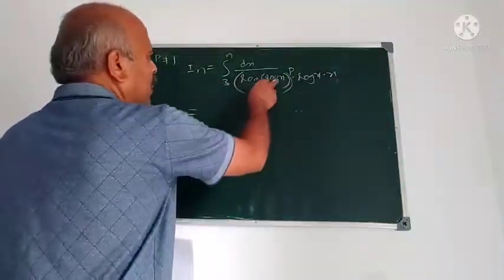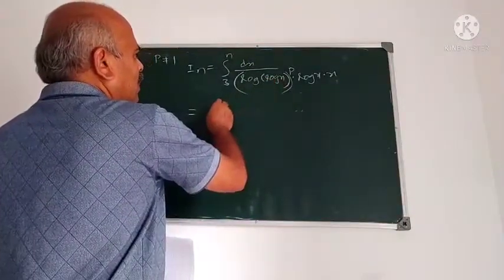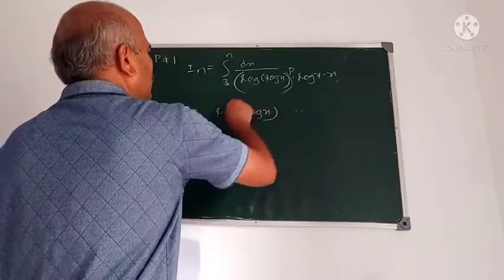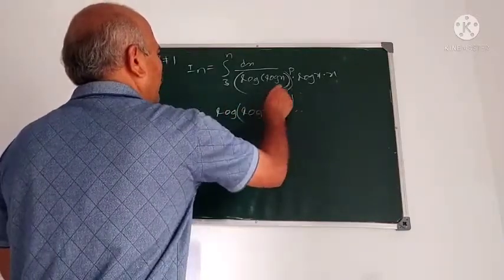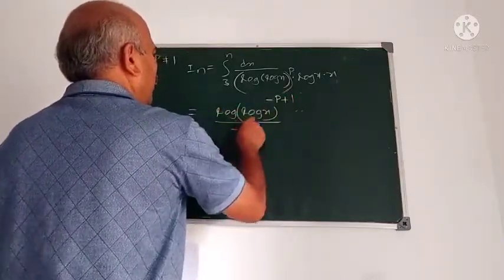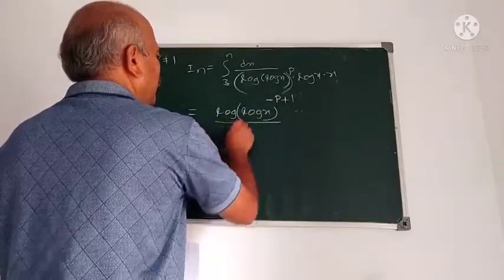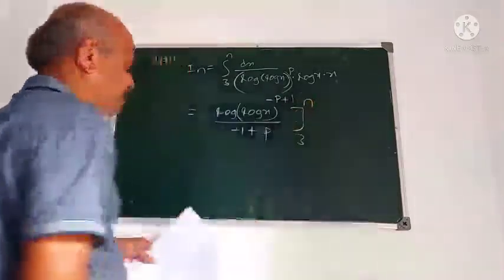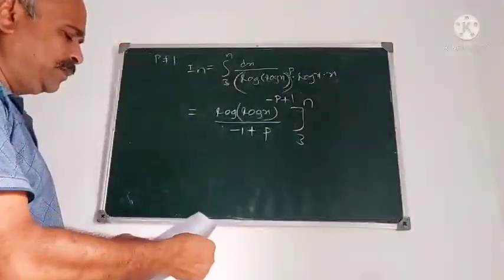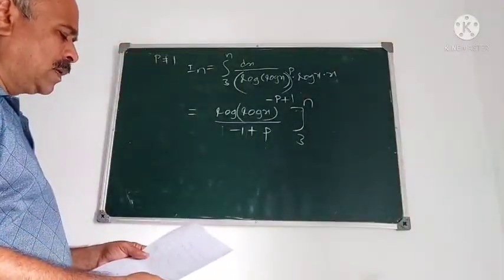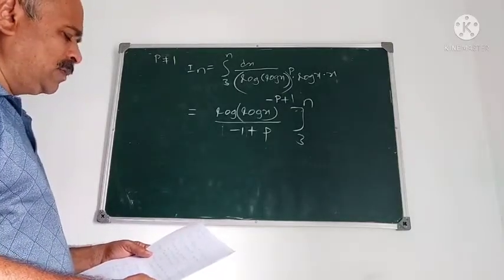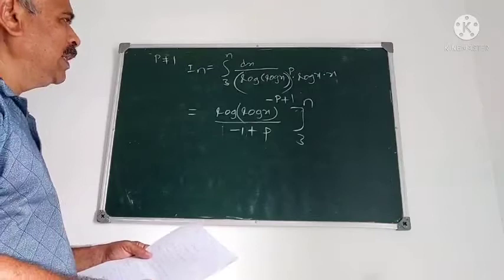When p is not equal to 1, it is log of log x raised to minus p plus 1 upon minus 1 plus p, from 3 to n.